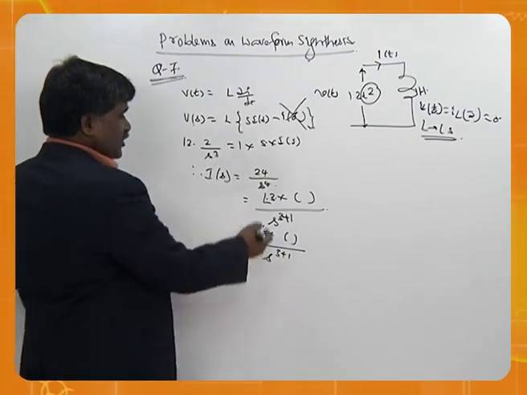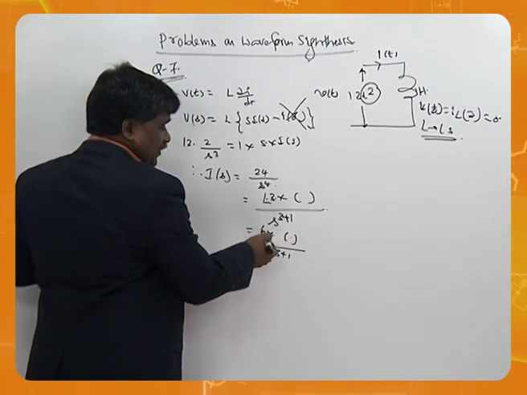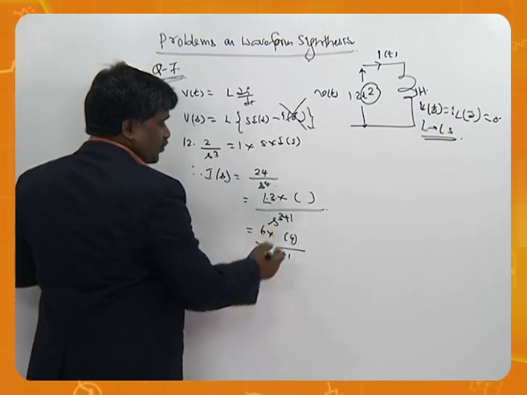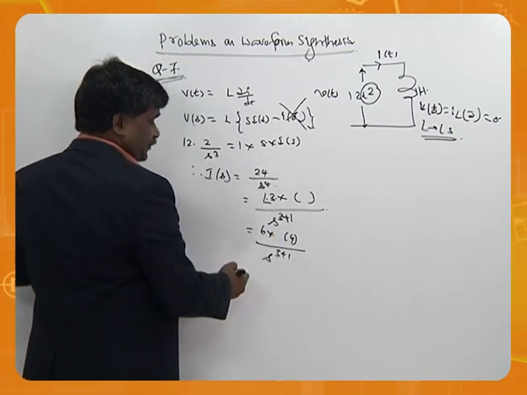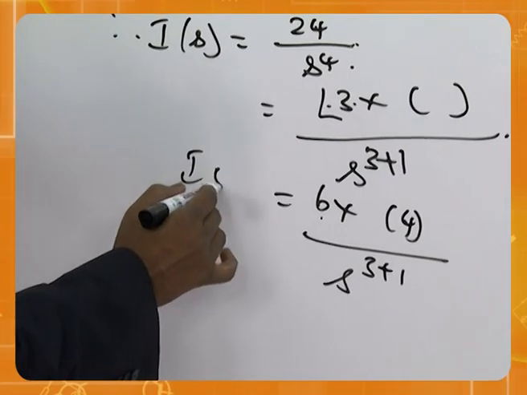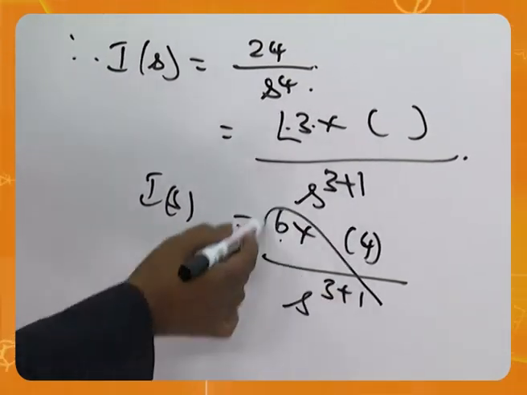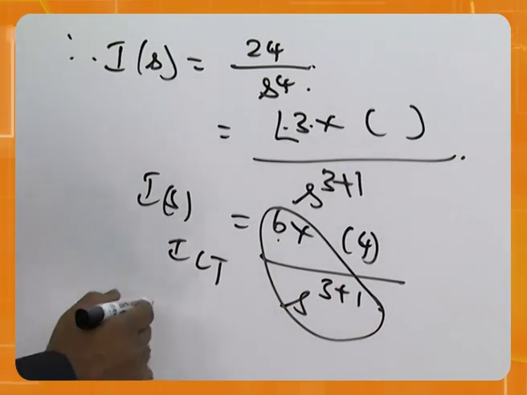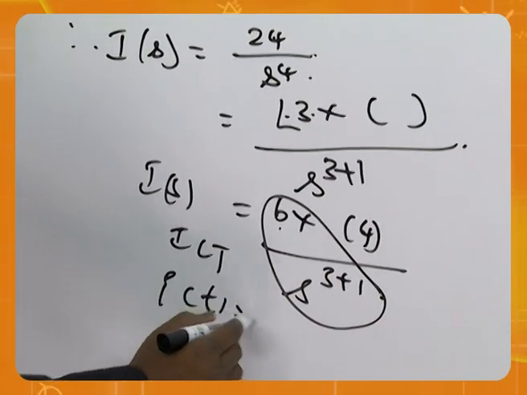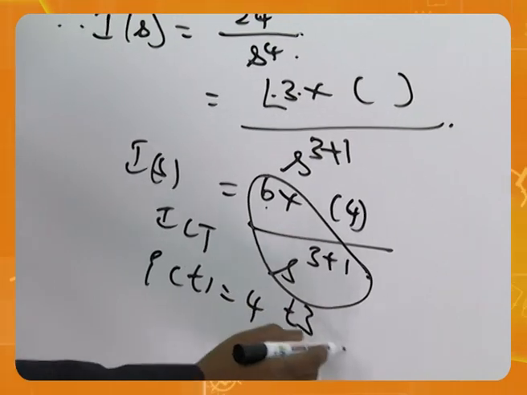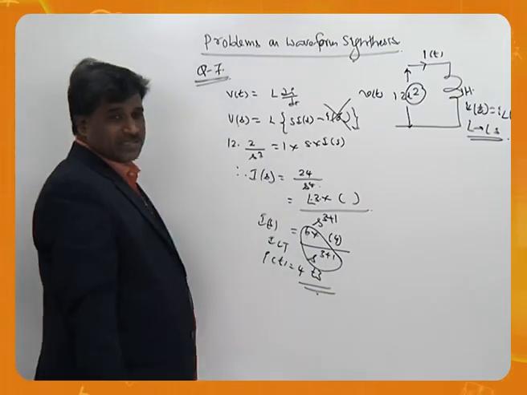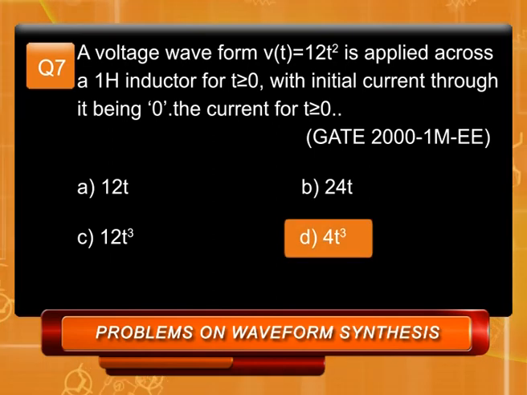For 24, how much should I write here? If I write 6 here, how much should I write? 4. So therefore, if you take inverse Laplace, this all goes into inverse. So I of t is equal to 4 into t cube. That's the answer. Option is D.